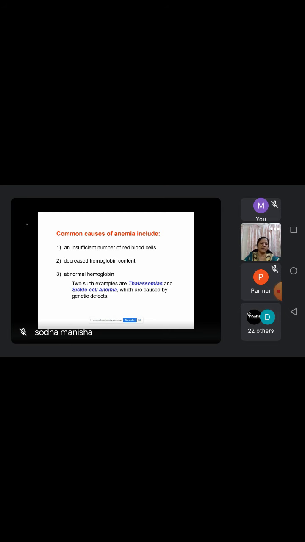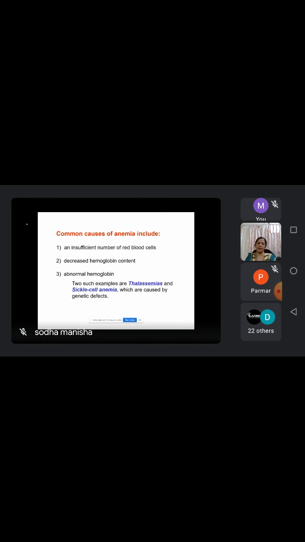Okay. Other types of anemia are hereditary anemias. Hereditary anemias are also seen in some patients, like sickle cell anemia and thalassemia. Sickle cell anemia and thalassemia are all hereditary anemias, which result from specific genes which direct the synthesis of abnormal hemoglobin.